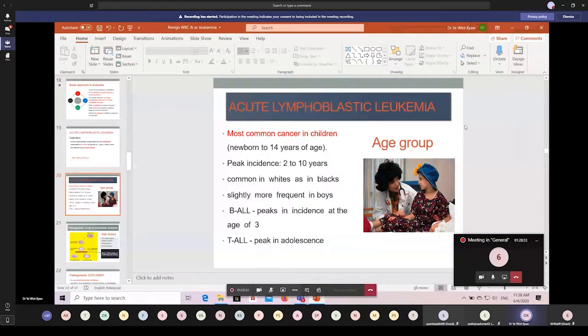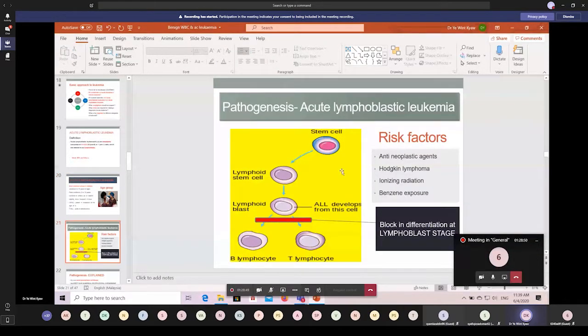It is the most common cancer in children. B cell peaks at age 3, while T cell occurs in older children, adolescents. Risk factors can be Hodgkin lymphoma and neoplastic agents, radiation, vaccine.